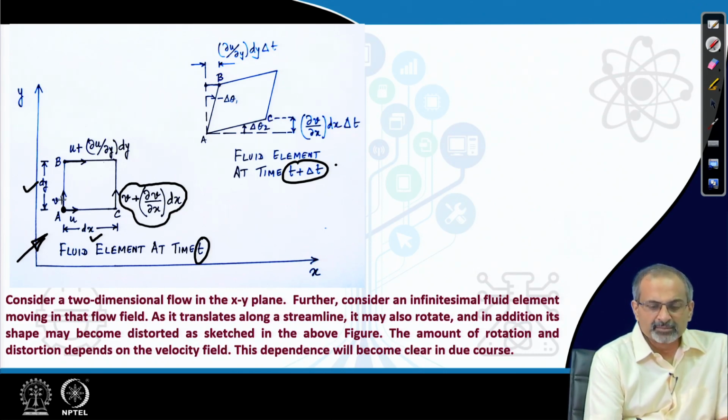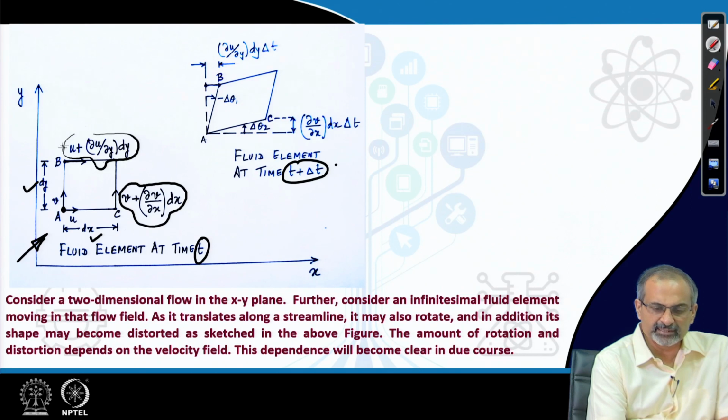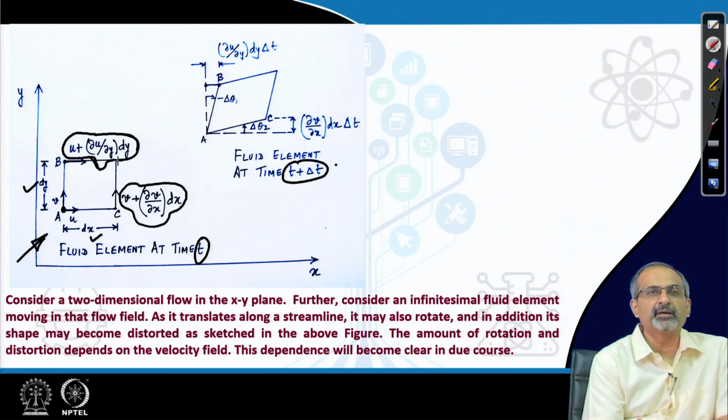And then similarly, as we move from the point A to point B, which is dy distance away along the y direction, the velocity u would have changed by some amount, and these changes are of course represented in the form of partial derivatives of the velocities along those directions multiplied by the length.